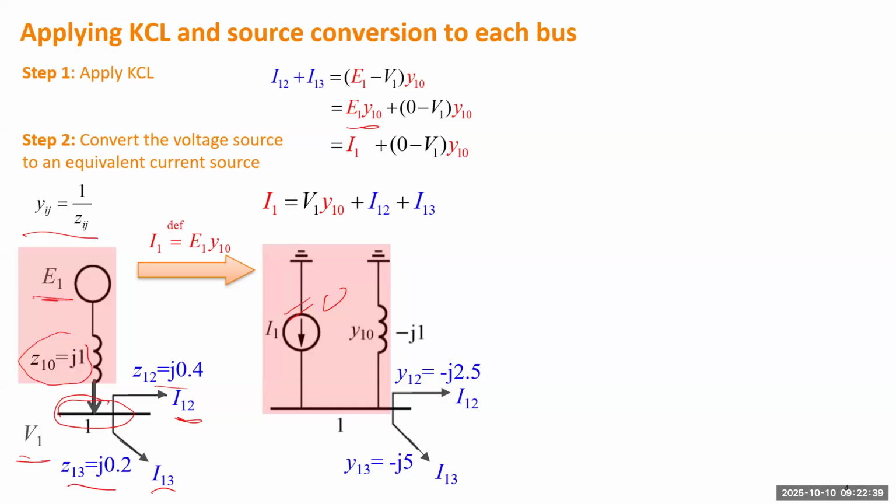The left-hand side will be the current from this current source, and the right-hand side will be the current leaving from this bus. Those two items are pretty clear. Those are the currents going to two neighbors. And the first item on the right-hand side is equal to the bus voltage multiplied by the admittance to the source. But in our standard model, it also indicates the current leaving from this bus, because that is exactly this current.